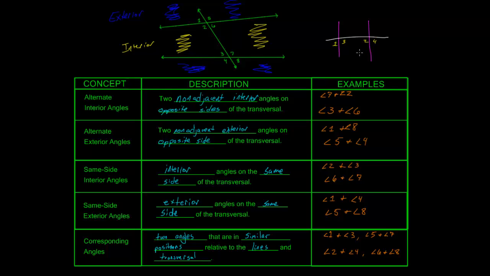Alright, with all this information, I leave example 2, which has using the figure to classify angle pairs. The type will be what we have right here, the concept. You'll have either alternate interior, alternate exterior, corresponding, so on and so forth.